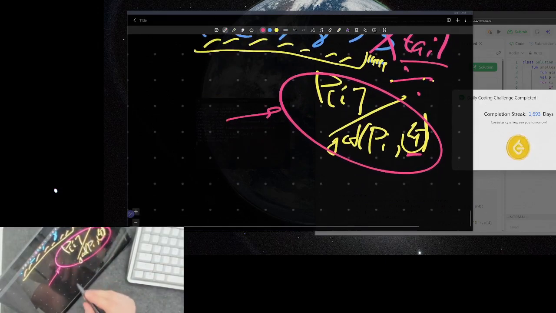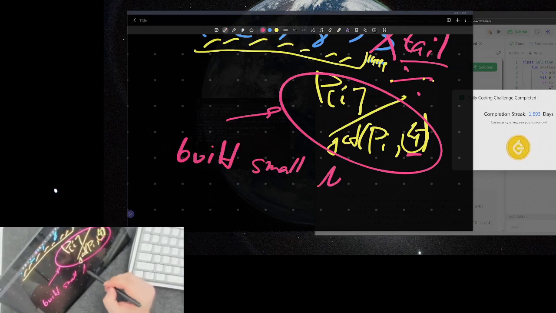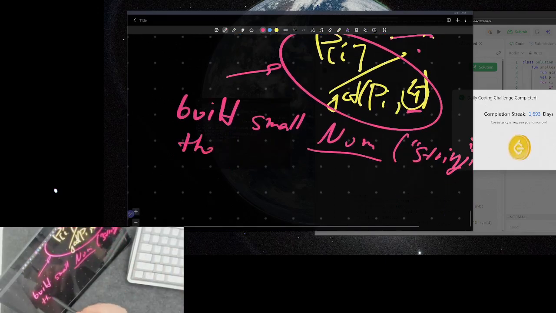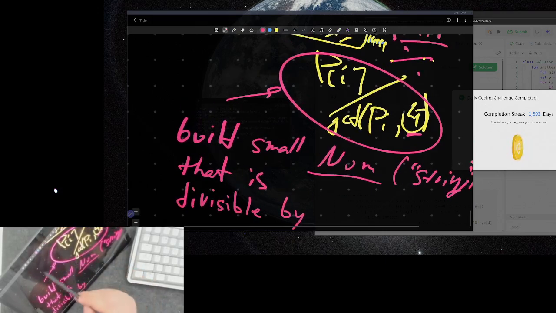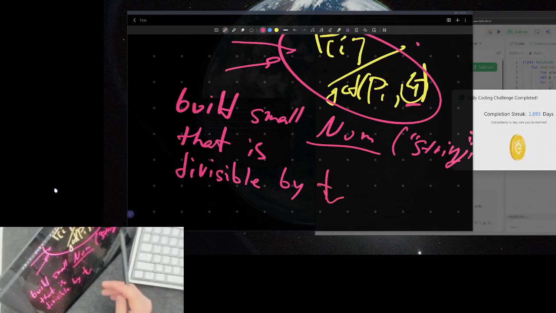So this is a subproblem: build the smallest number, by the way, it's a string number, it can be big, that is divisible by some value. I would call it t also, okay.